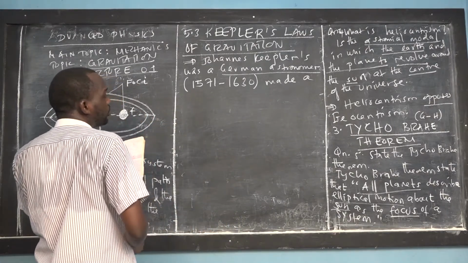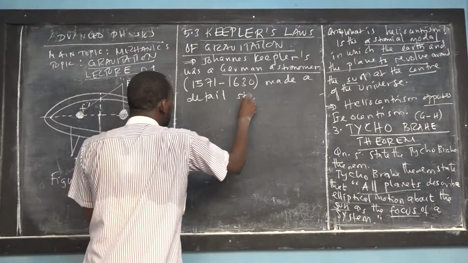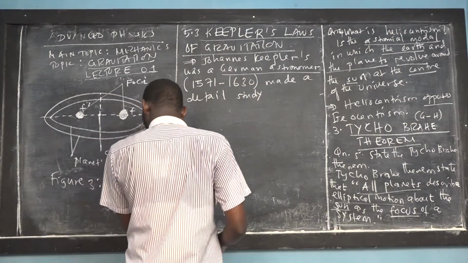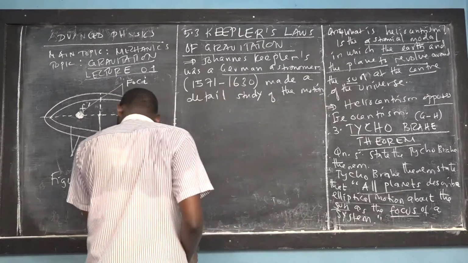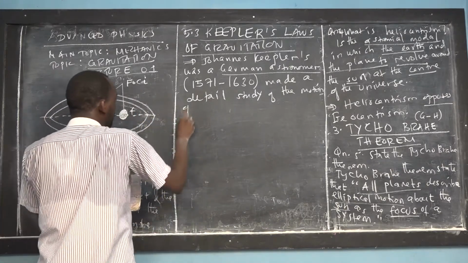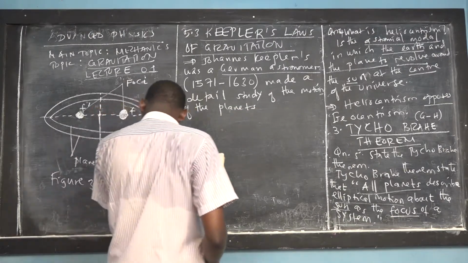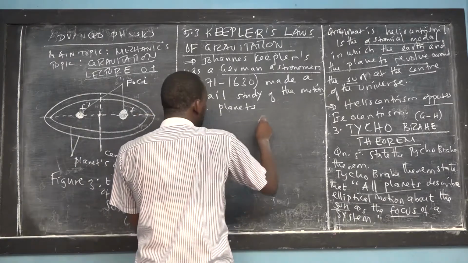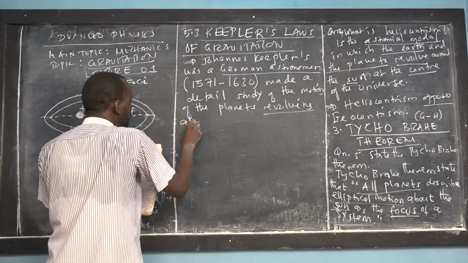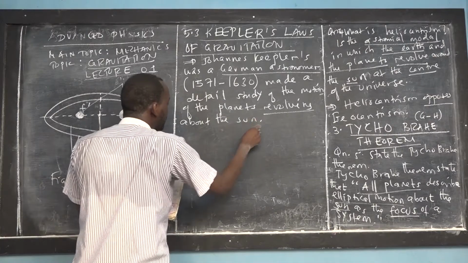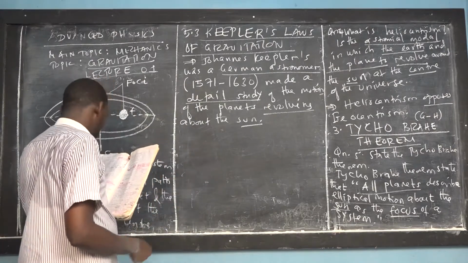He was a German astronomer who made a detailed study of the motion of the planets revolving about the sun.